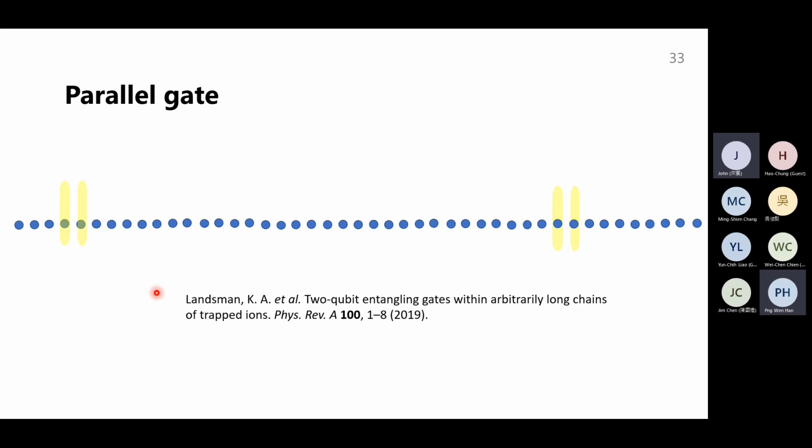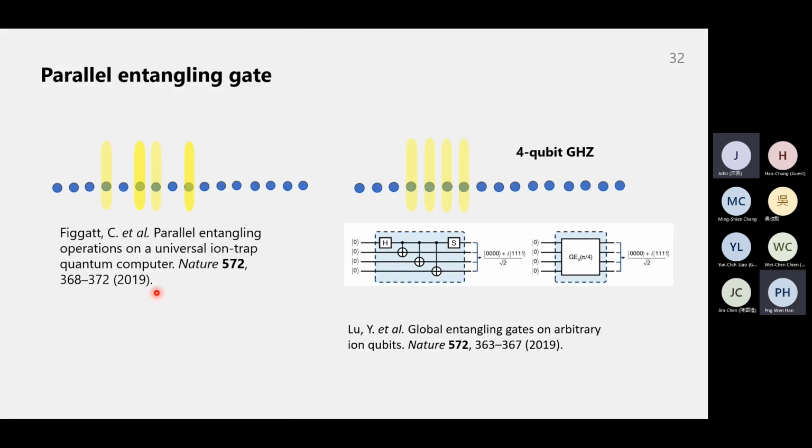And would there be good reasons why you want other geometries, instead of a string of ions, like a grid of ions or something like that?